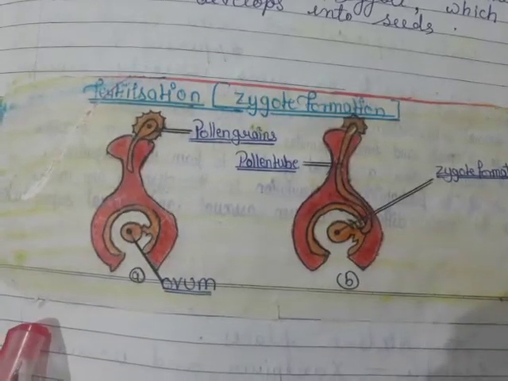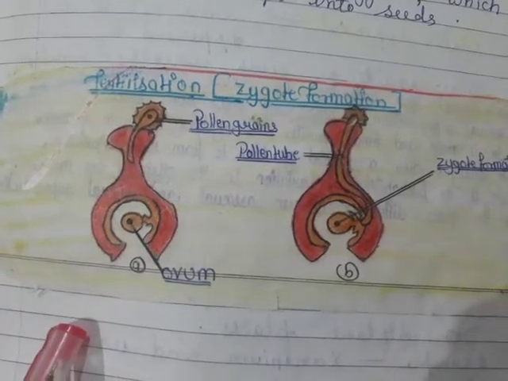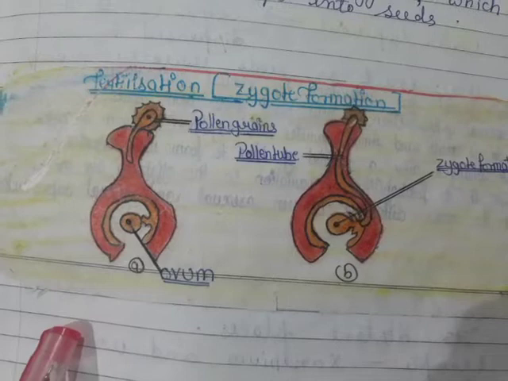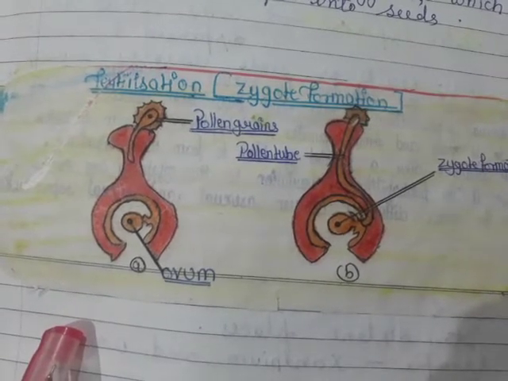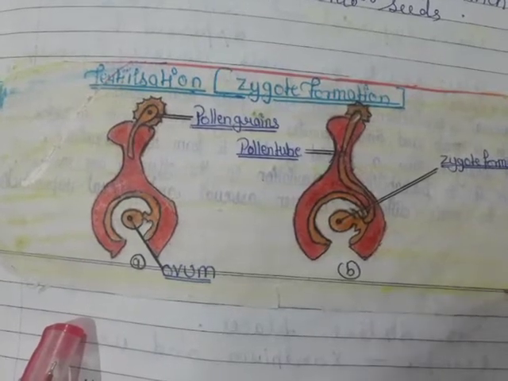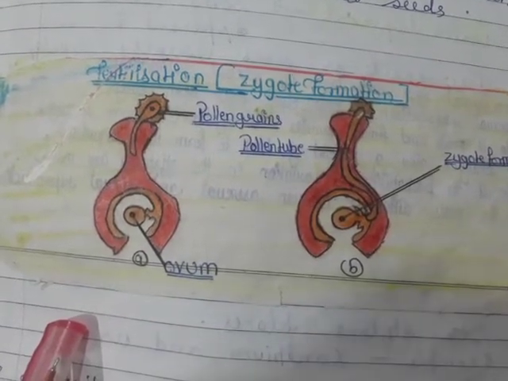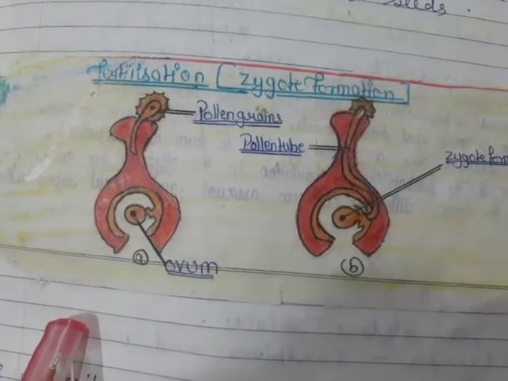Now I would like to go point-wise through what we have learned in this chapter. First point, all organisms multiply or reproduce their own kind. In plants there are two modes of reproduction, sexual reproduction and asexual reproduction.